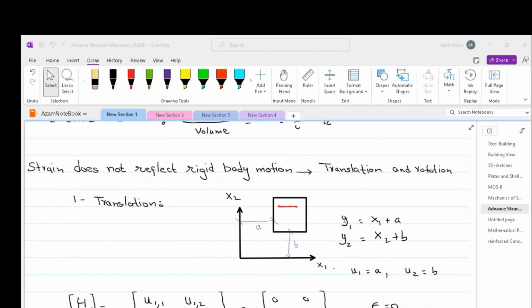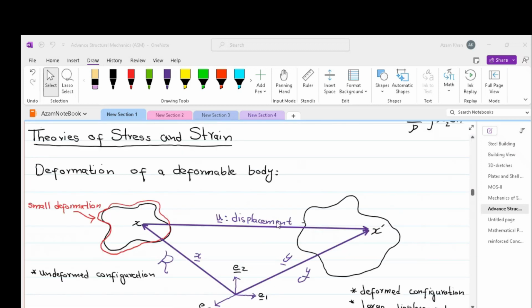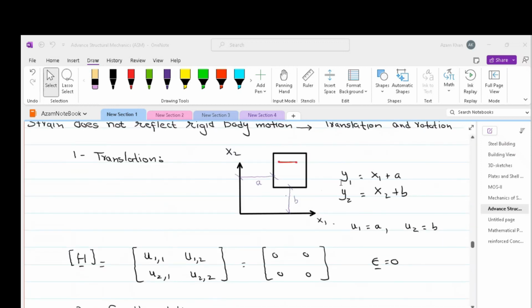Based on our earlier definition of deformation of a deformable body, we said that in the deformed configuration, y is equal to x plus u. Thus, we have y is equal to x plus a. So that gives us a displacement u1 equal to a and displacement u2 equal to b.